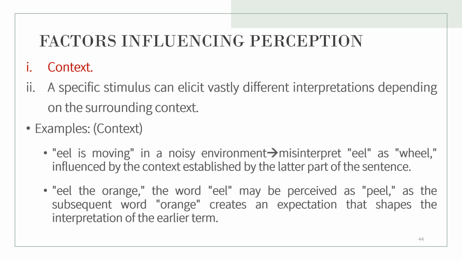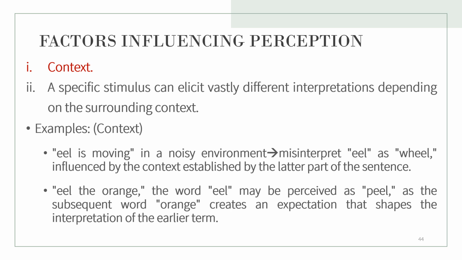For example, when someone says "eel is moving" in a noisy environment, we can misinterpret eel as wheel. So moving is the context, so one can interpret that someone has said wheel instead of eel. So "eel is moving" is perceived as "wheel is moving."